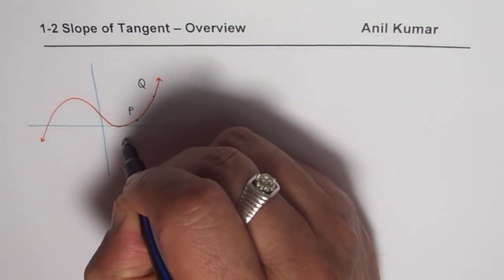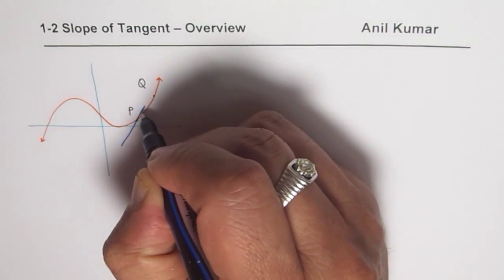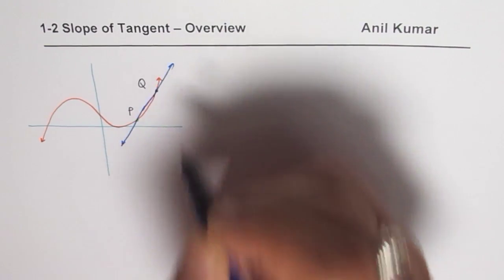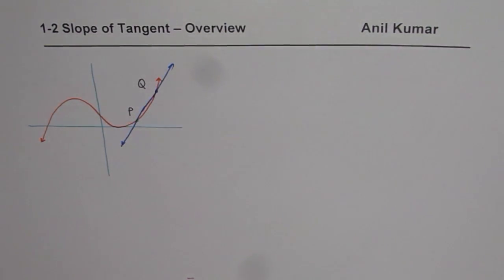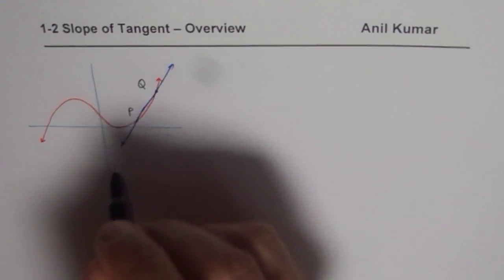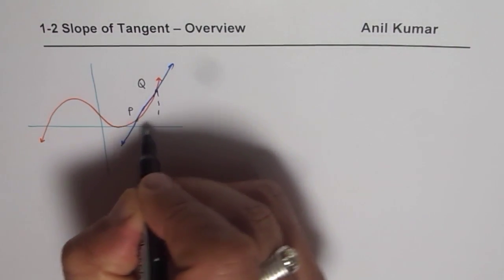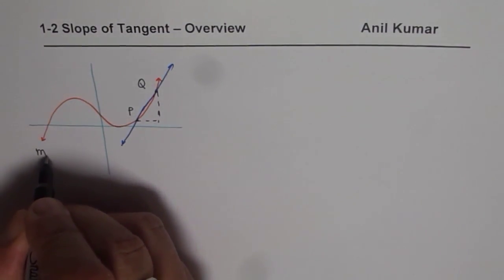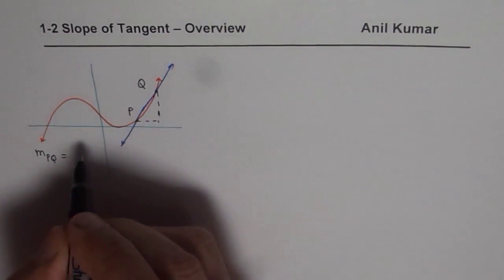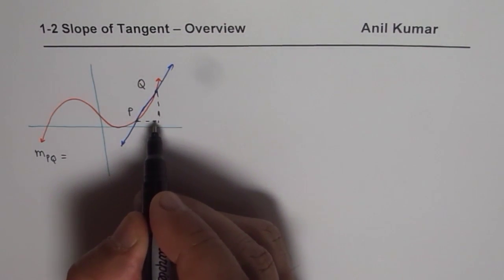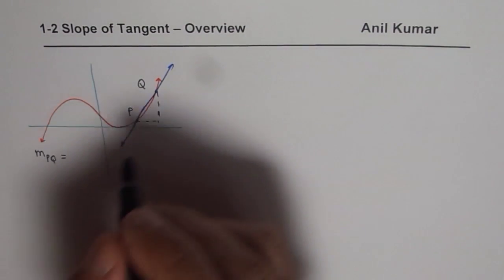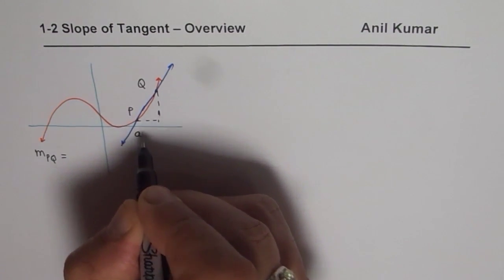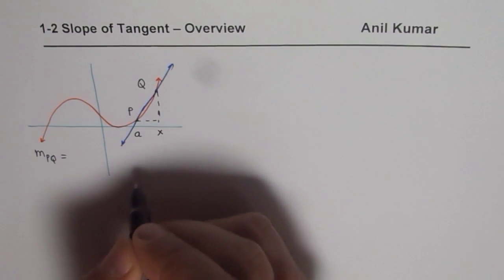So if I connect P with Q, let this be the line, and let this be the point Q for us. Once I connect these 2 points with a straight line, I can find the slope of the secant line PQ. Let me write this slope as M_PQ equals change in y over change in x. Let us say this point P is A for us and Q is some other x value.